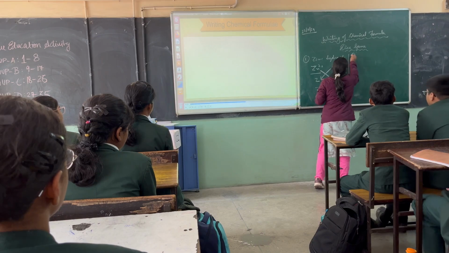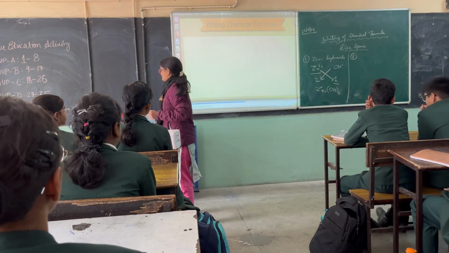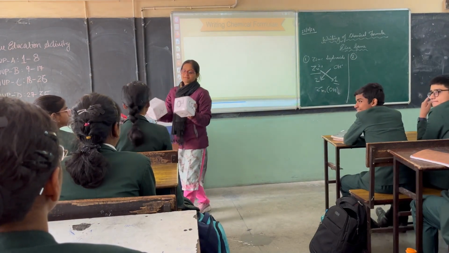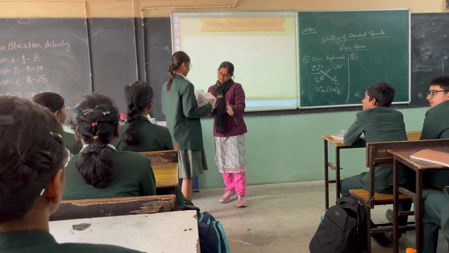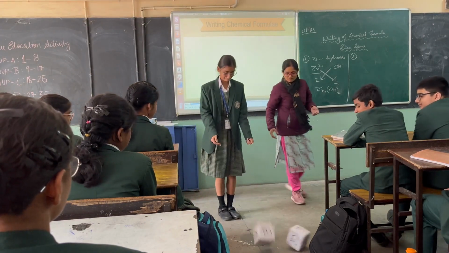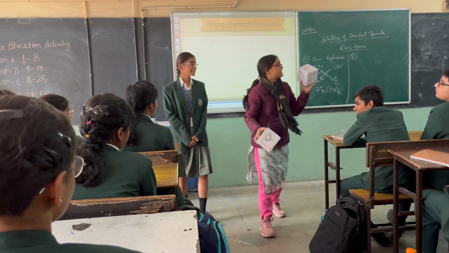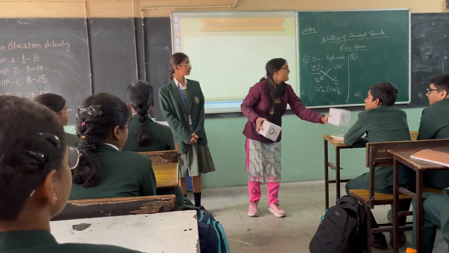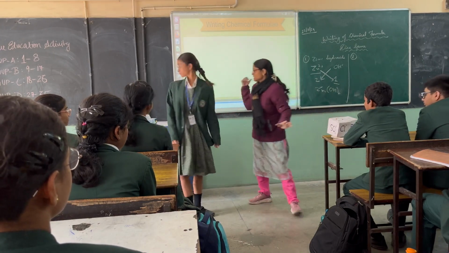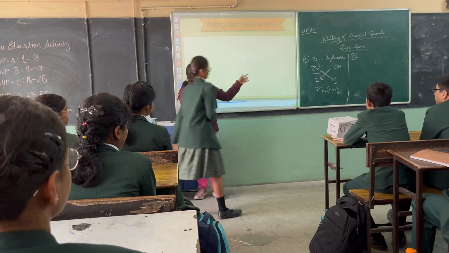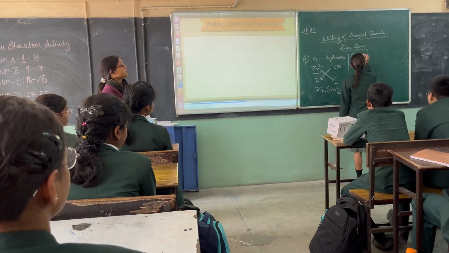Now, who wants to play this game? Yes, come. Roll this dice. Yes, she got Fe3+ in cation and Cl- in anion. Right, iron chloride.